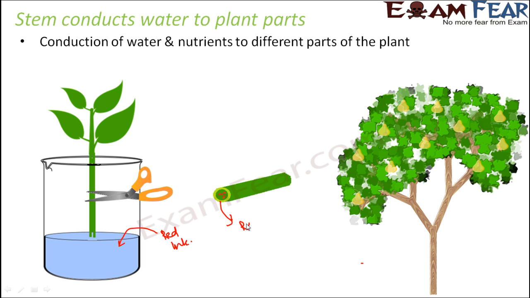And what is that change in color? It is seen that red color spots are visible. From where does the stem get this red color? It gets it from the water, because the stem was conducting the water and the minerals, and now the water is red in color. Therefore, that red ink gets blocked in this part of the stem. This proves that yes, all the water and nutrients pass through the stem.